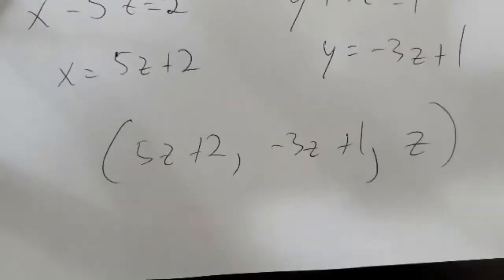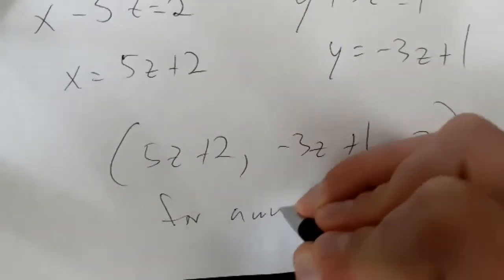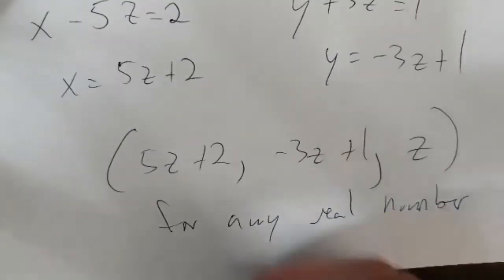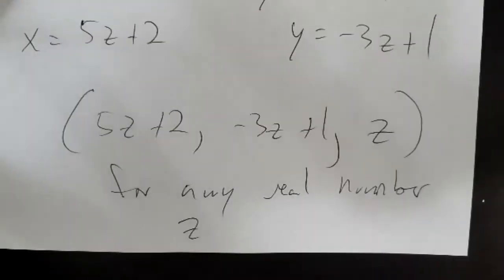And as they say in the notes, this is a line, for any real number z. We can plug in any real number into z, and we will get that line out of there, right?